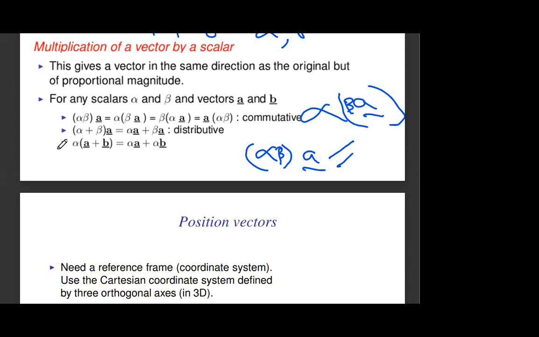So this one is alpha times vector A plus alpha times B. This property is called the distributive property. Because the set of real numbers has a commutative property, this one is also true.